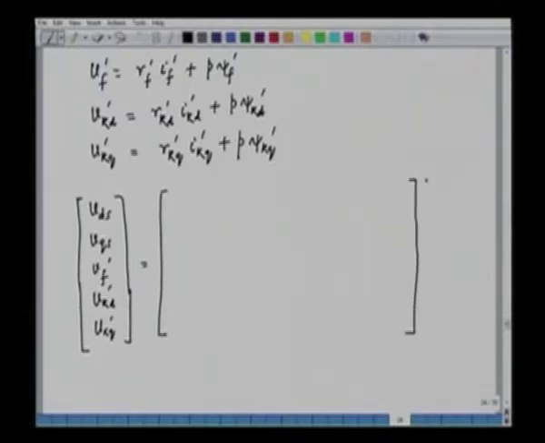And here we have the various currents: IDS, IQS, IF, IKD, and IKQ. Now, this is a 5 by 5 matrix, and we can fill up the various elements of this matrix, and the elements are as follows.